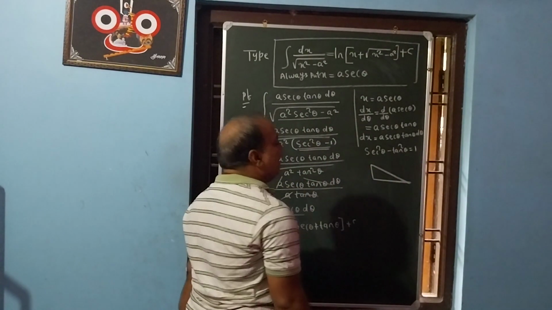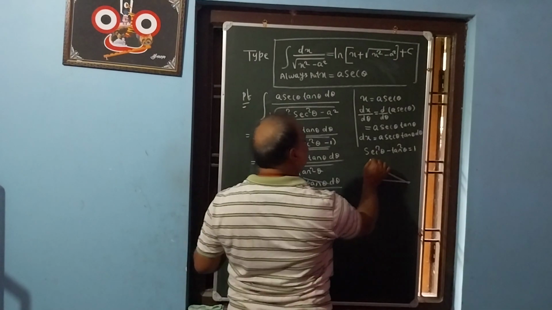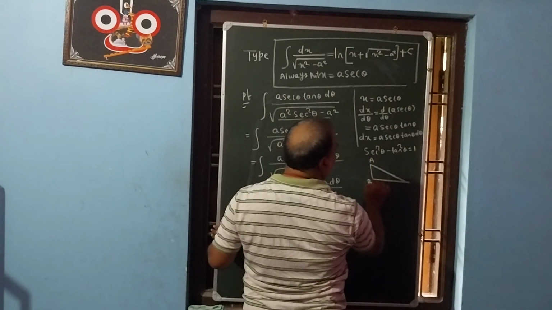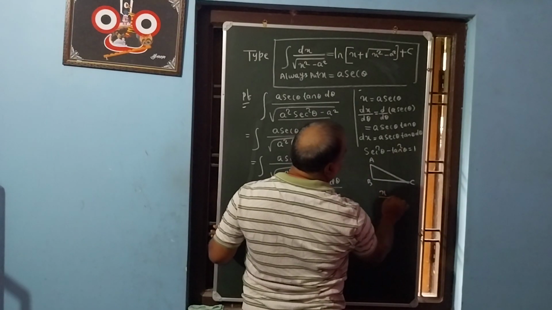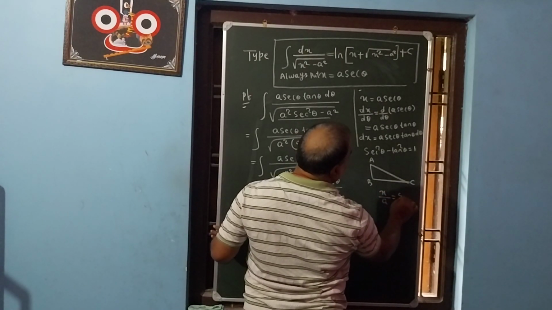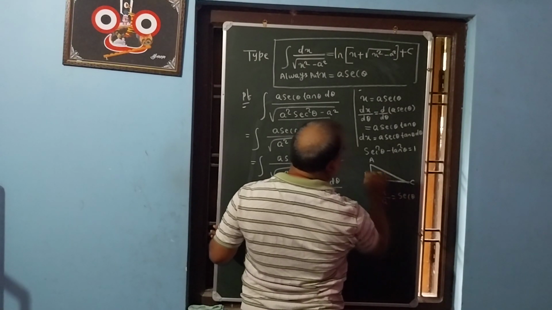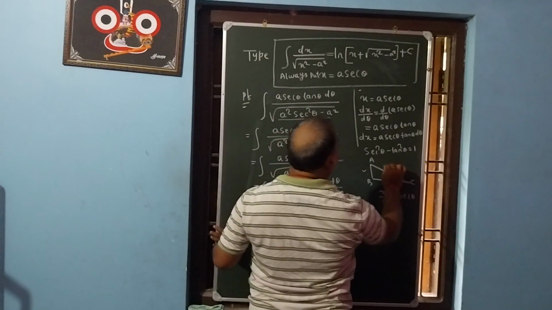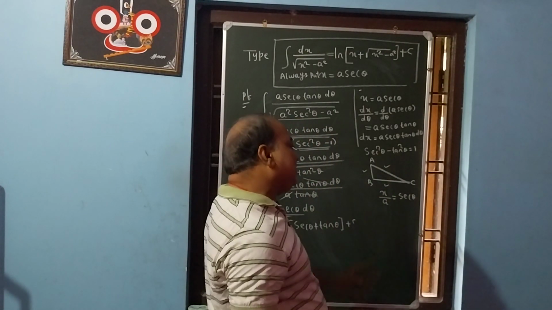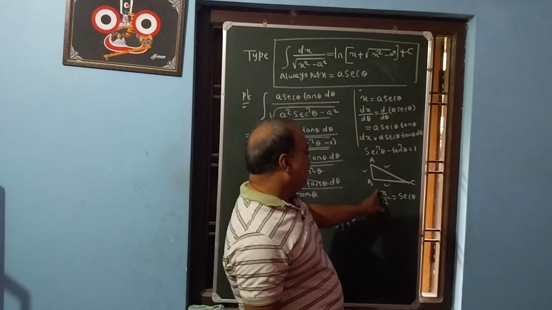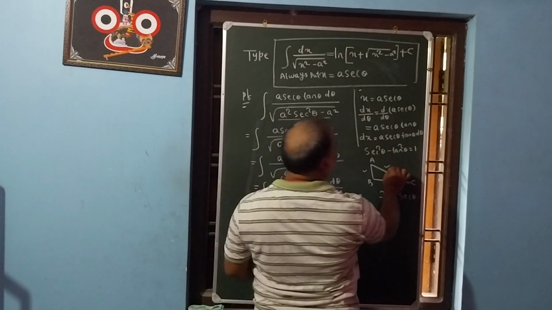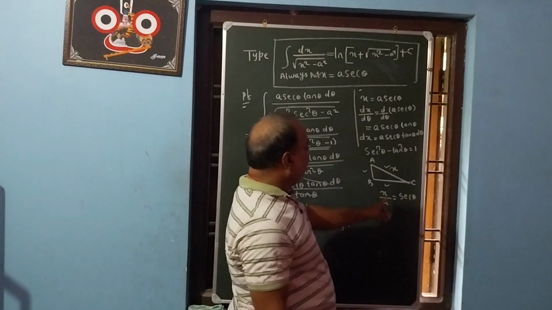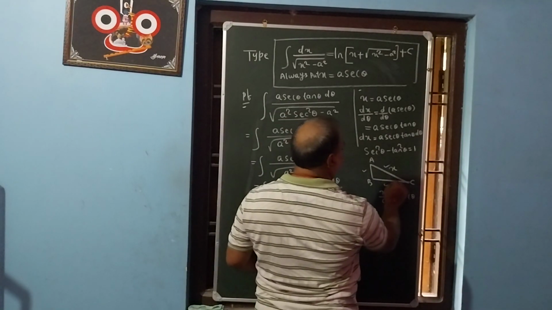So one right angle triangle ABC you have to draw here. We take x by a is equal to sec theta. So this is the P, this is the B, and this is h. Sec theta is equal to h by b. In place of h, it is x, and in place of b, it is a.